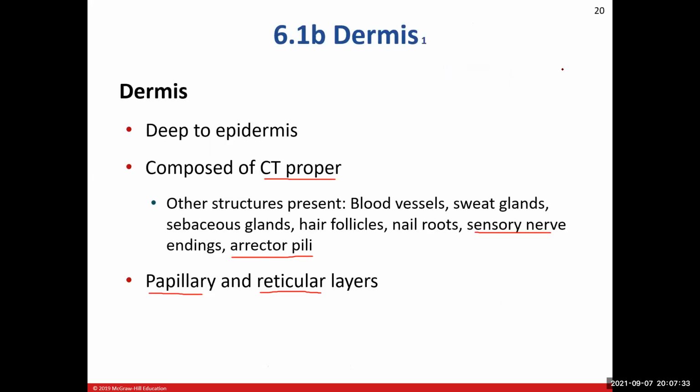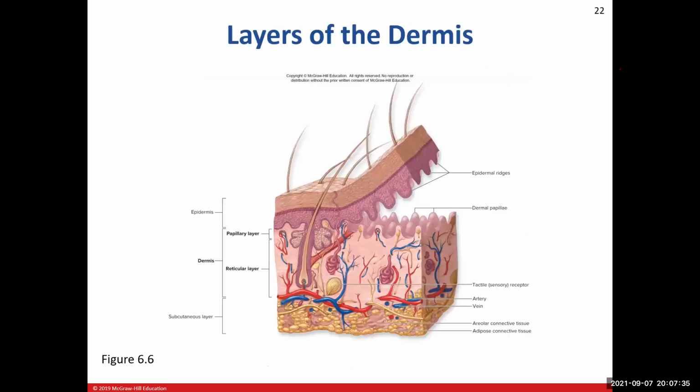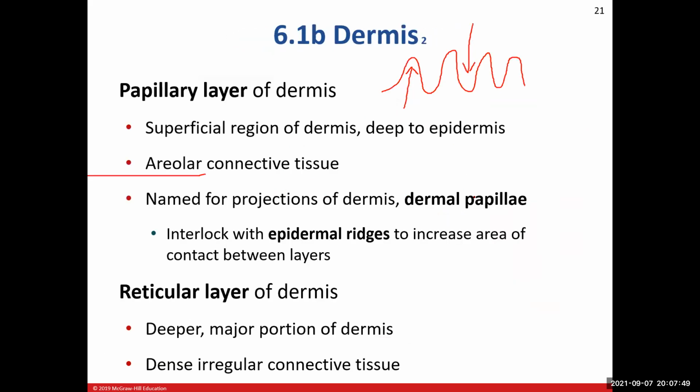That's what we're talking about. And you can see here, the epidermal ridges here, and the dermal papillae down here. Where they interlock with one another, that is responsible for your fingerprints.